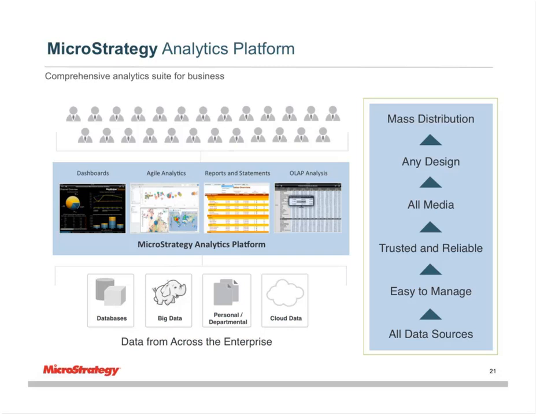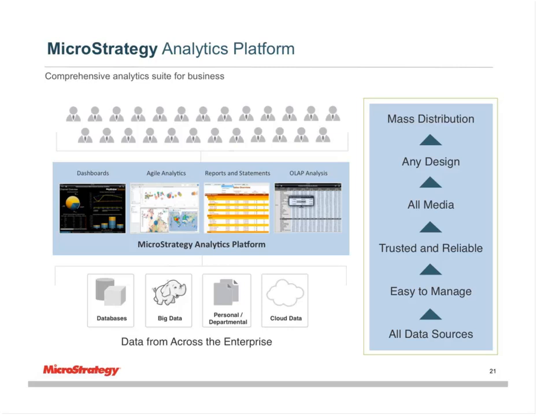So in a nutshell, the platform that we have, like I said, we've been 20 years plus in the BI space, so we're great with relational databases, and over the last few years we've been building great integration with big data sources like Hortonworks, and staying on top of the innovations that are coming up.